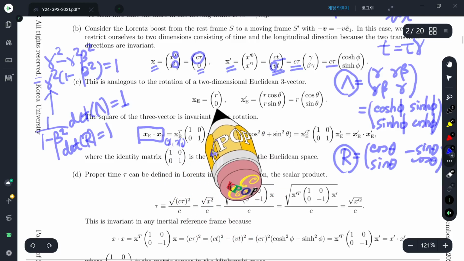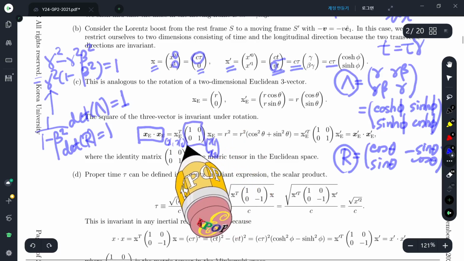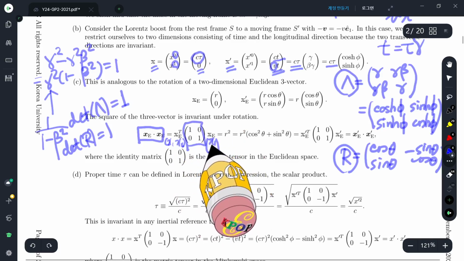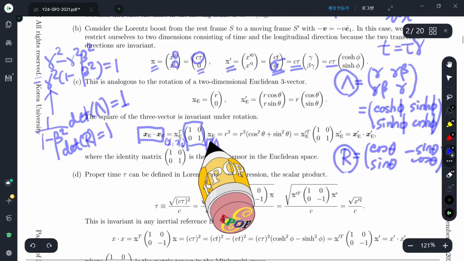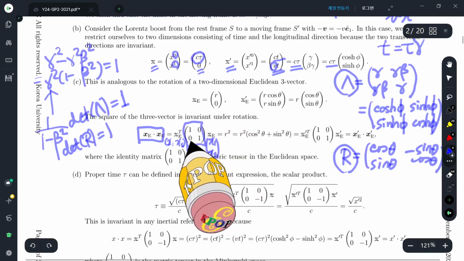And we have a metric tensor that defines the distance, which is just a trivial identity matrix whose matrix elements are Kronecker deltas.